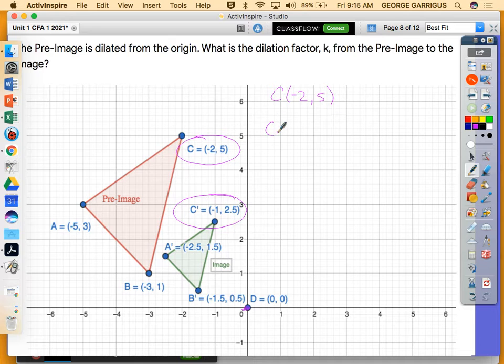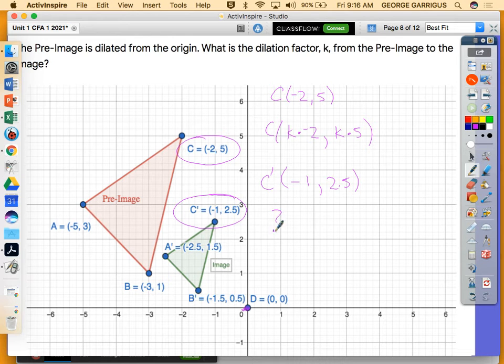So what would we have to multiply? K times -2, K times 5. What would K have to be to get you to C prime, where you know it's -1, 2.5? What does K have to be?